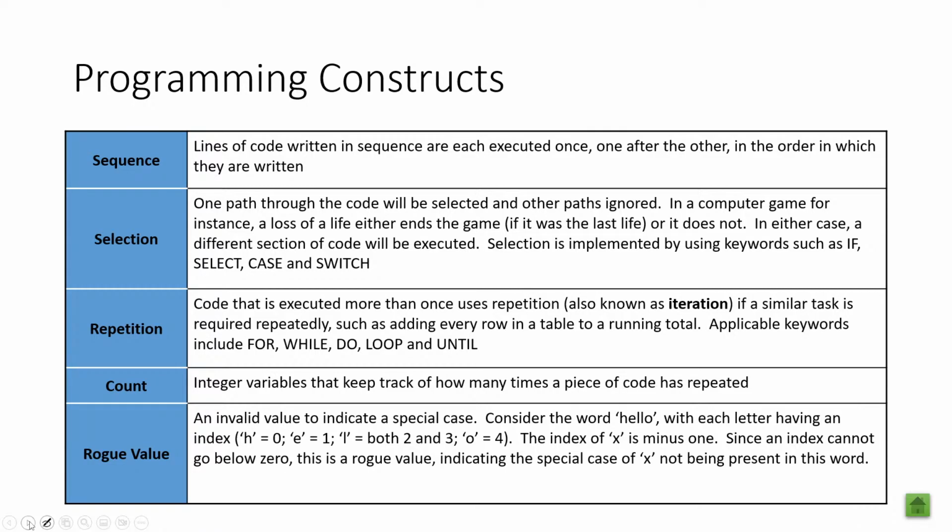It's a variable that you increment every time. That's a count variable. Last one, a rogue value is basically a terminating condition. Now, a terminating condition could be something like the value can't go below 0, or it's not allowed to be equal to 15, whatever. That is a rogue value.